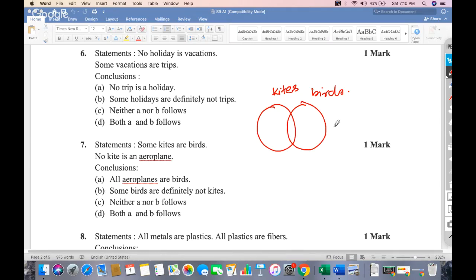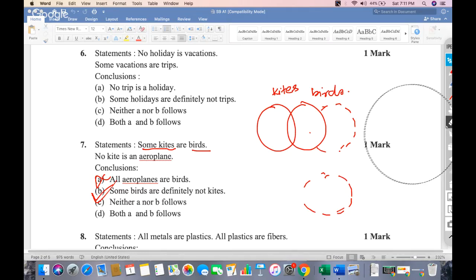So aeroplane can be here, this can be aeroplane, or this can be aeroplane. So you cannot say that all aeroplanes are birds. This is wrong. "Some birds are definitely not kites" is definitely true, because only some kites are birds. Otherwise it could have been written all kites are birds, or all birds are kites. So this is definitely true. So the answer is only B here.